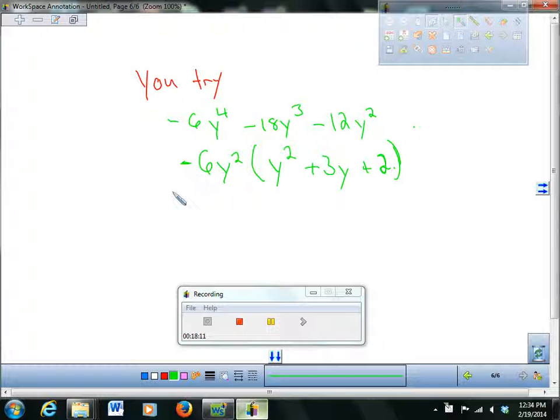Questions? Ashley. Y squared is the greatest common factor of negative 6y to the fourth, negative 18y cubed, and negative 12y squared. I could have called it y, but y is not the greatest common factor. It's like if I have 27 and 18, I could divide both of those by 3, but I want the biggest number that I can put.